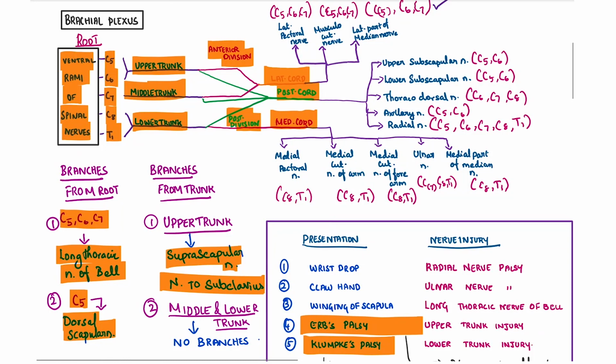And the medial cord gives rise to five branches, namely the medial pectoral nerve, medial cutaneous nerve of arm, medial cutaneous nerve of forearm, ulnar nerve, while injury of the ulnar nerve causes claw hand, and the medial part of the median nerve. This ulnar nerve is also known as the musician's nerve.